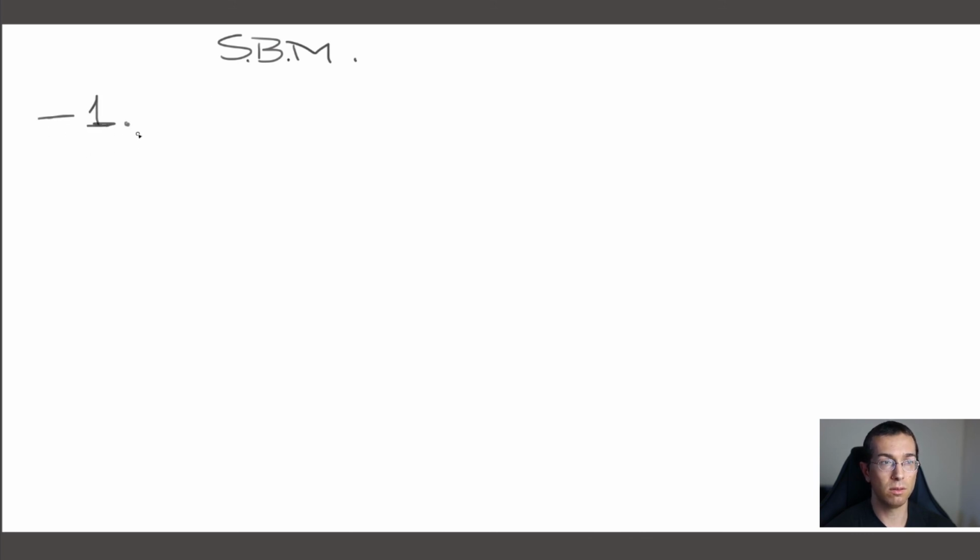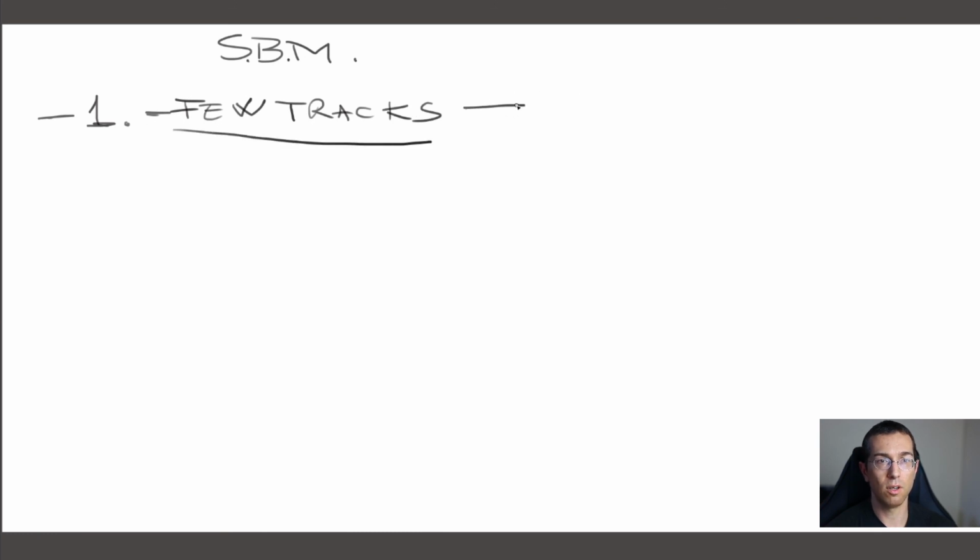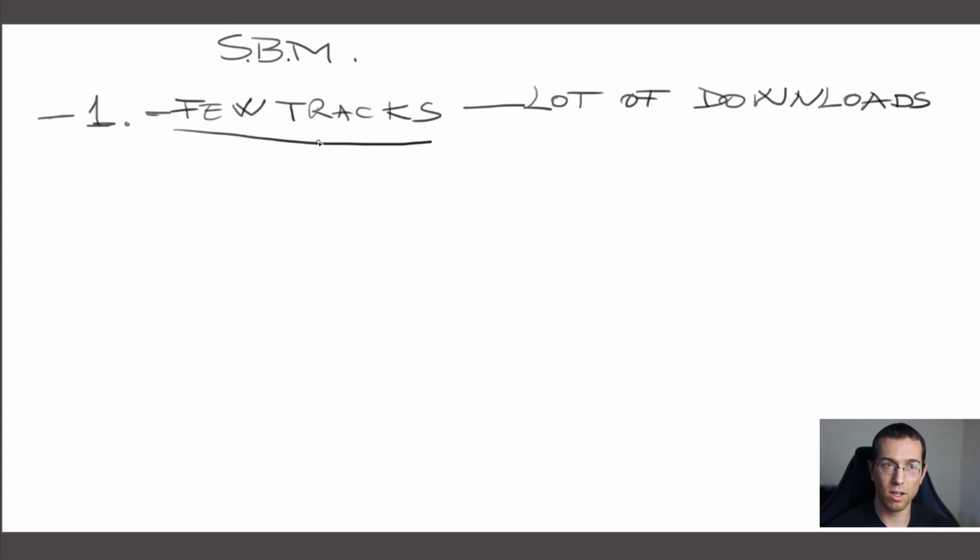The first one is to have few tracks in your portfolio, but these few tracks have a lot of downloads, right? So this is the first one: have just a few tracks, do not have a lot of tracks, but have a lot of downloads.